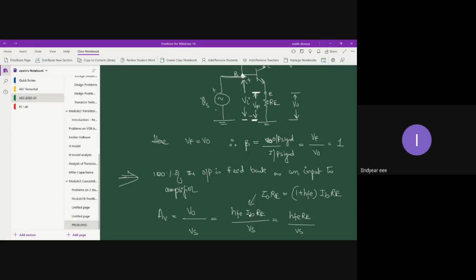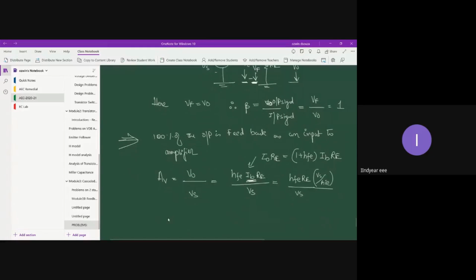This IB can be written as the source voltage divided by the input resistance hie.